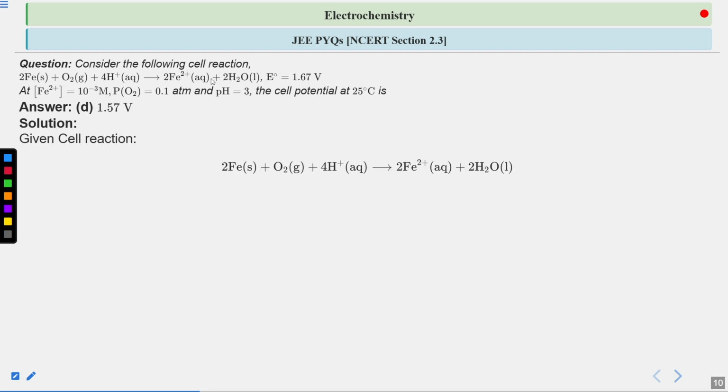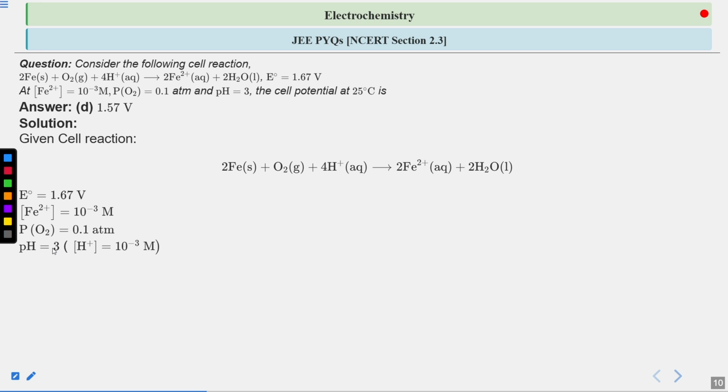This is the cell reaction already given in the question. Now, E naught of this is given as 1.67 volt, and Fe2 positive ionic concentration is given as 10 to the power minus 3 molar, and the pressure of O2 we have to take as 0.1 atmosphere.